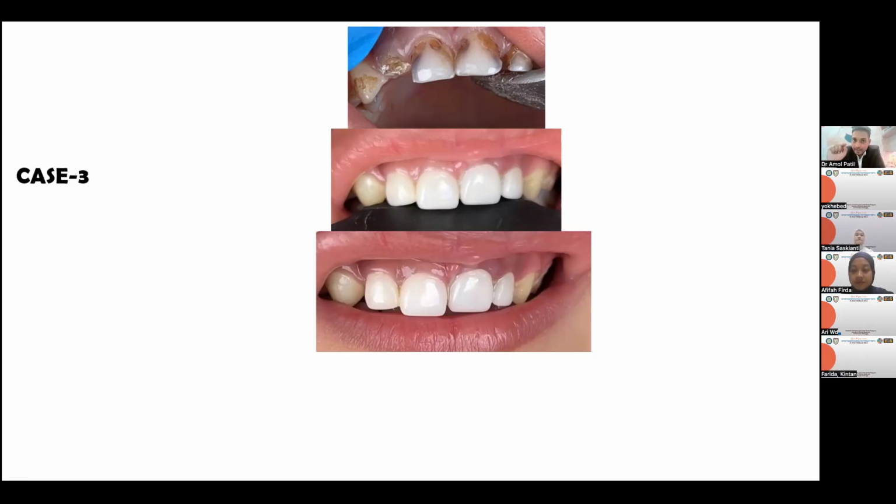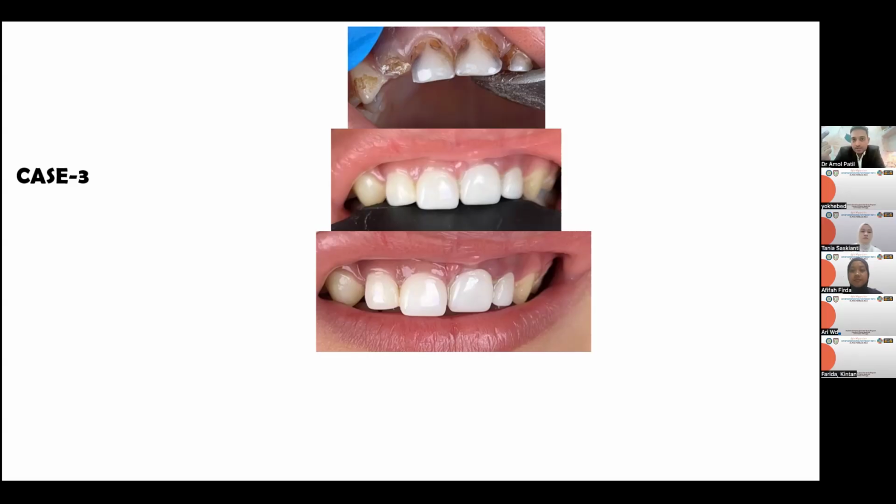The GIC core was placed inside the canal, 2 mm up to the CEJ, and 2 mm of the GIC was outside the CEJ, in the oral cavity. Post that, the tooth was prepared and then the crown was cemented. So in such cases, we can do zirconia crowns. The only thing is we need to maintain that GIC core inside. So for the core, 2 mm inside up to the CEJ, 2 mm outside.